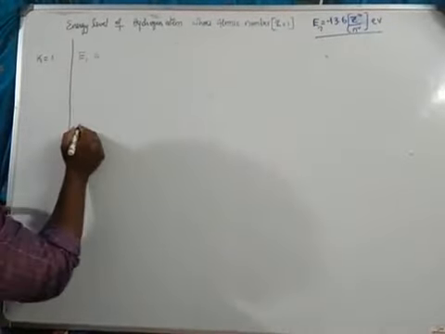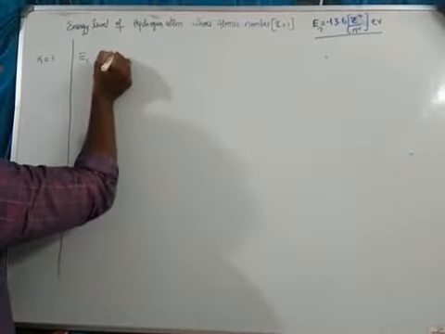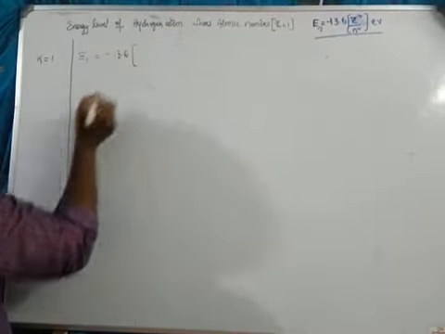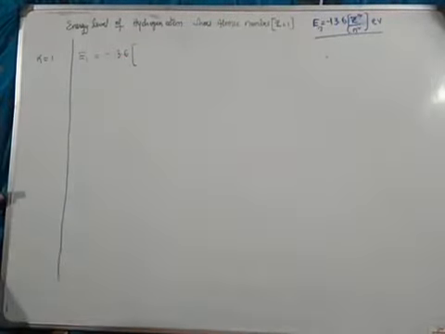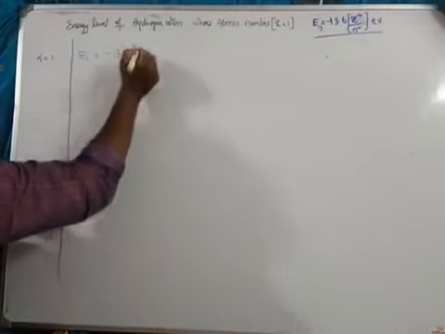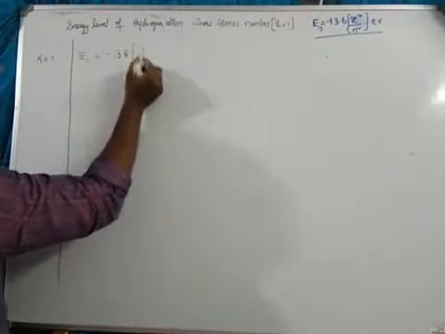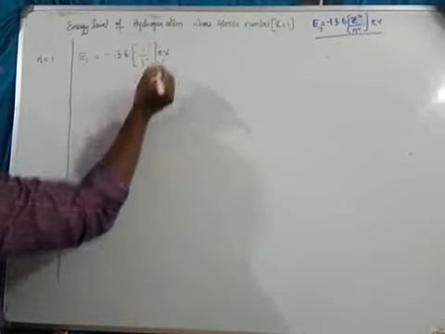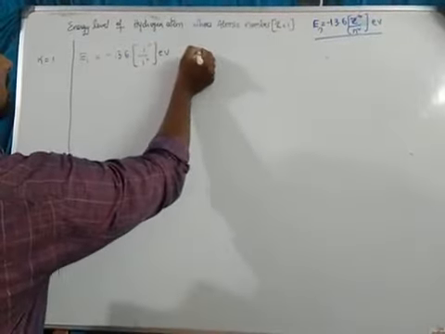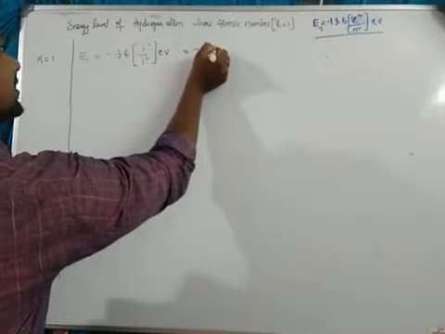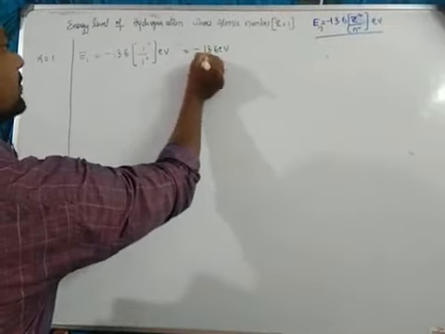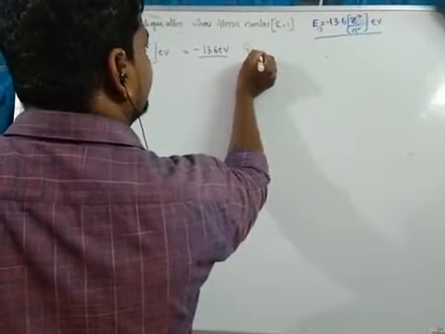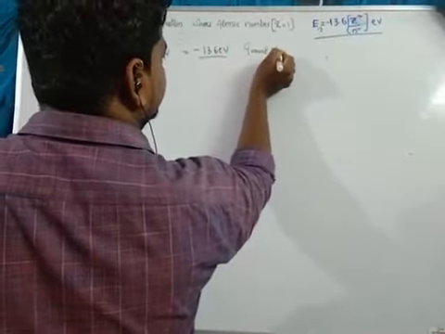E1 is equal to minus 13.6 times Z square, where the value of Z is 1, divided by 1 square, electron volt. So it is equal to minus 13.6 electron volt. This we call the ground state, the first state.